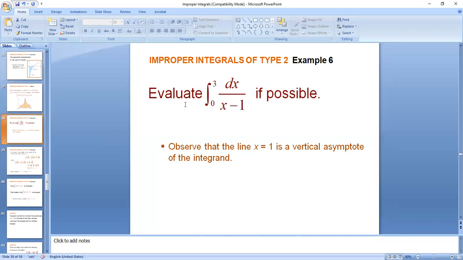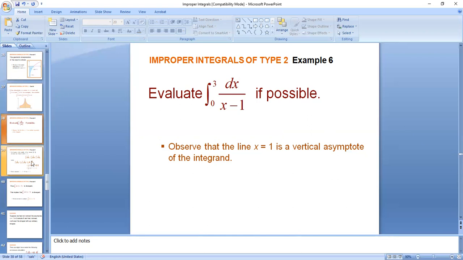And this is oftentimes where the error of most students will be seen, because they fail to see that in between 0 and 3, you have 1, and it will make the graph of the function discontinuous. So this is improper. This is not an ordinary integral. So observe that the line x equal to 1 is a vertical asymptote of the given integrand, which is the function that follows after your integral sign.